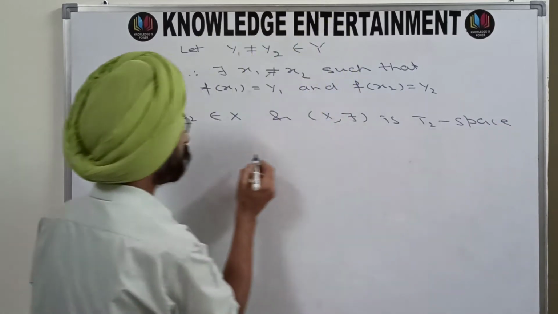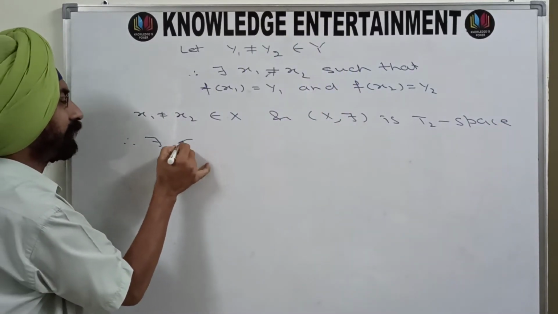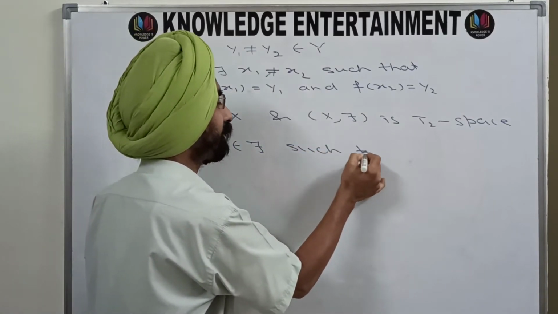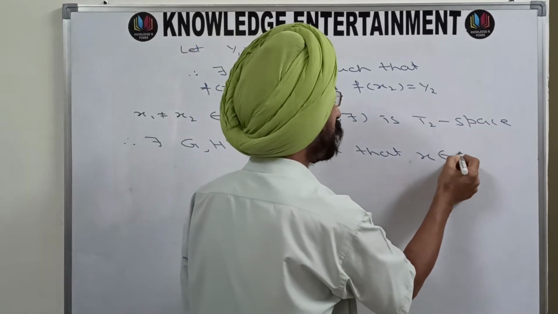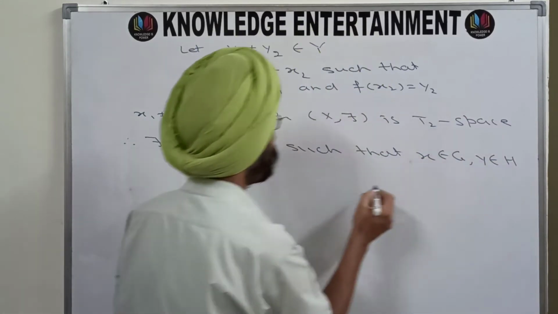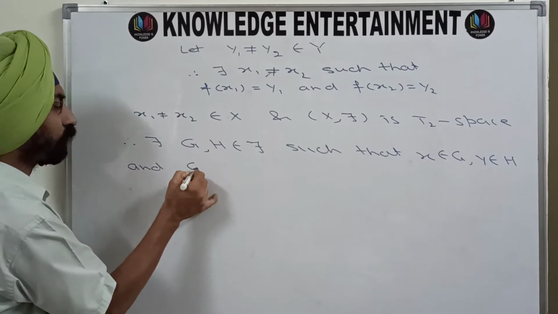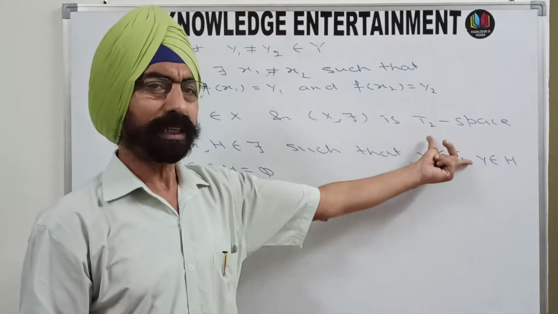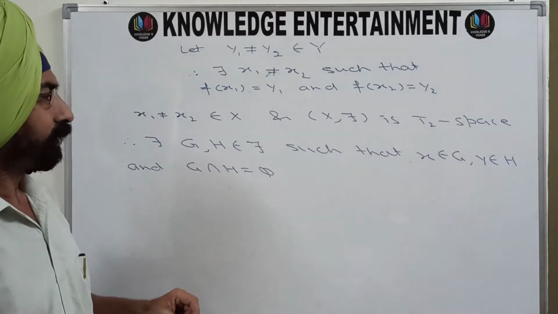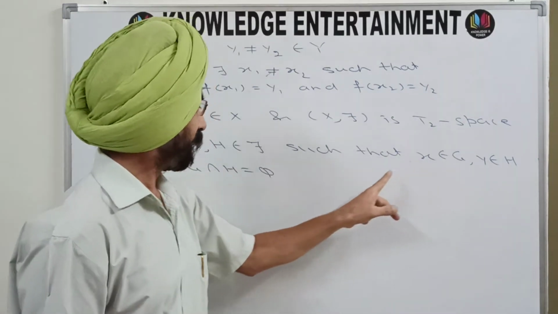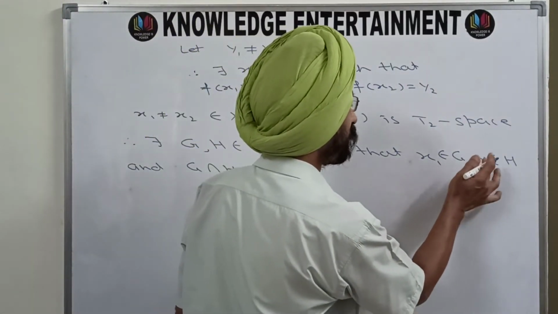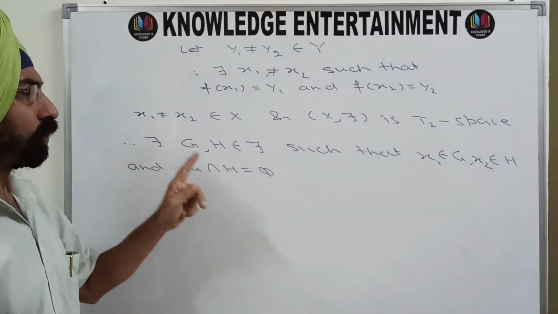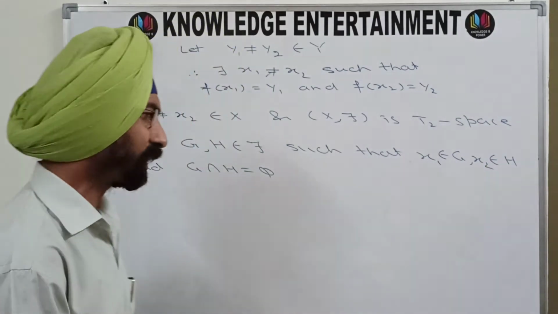Therefore there exist G and H belonging to tau such that X belongs to G, Y belongs to H, and intersection of G and H is phi. This is because X tau is given to be T2. Now, I must write here x1 and x2 instead of x and y, because the 2 points I have taken are x1 and x2. So x1 is in G, x2 is in H.